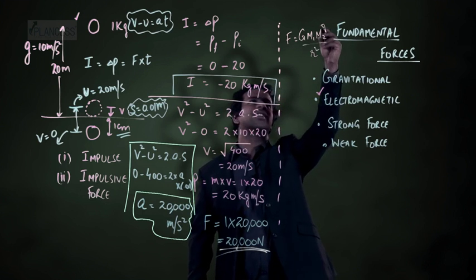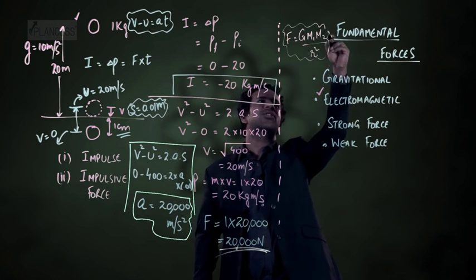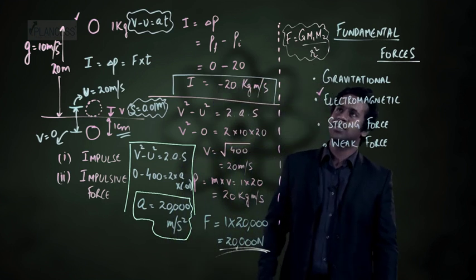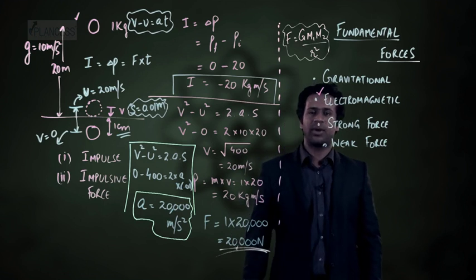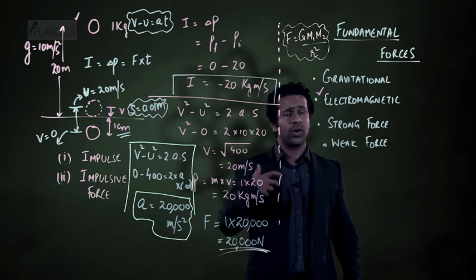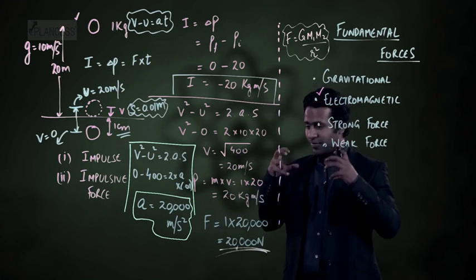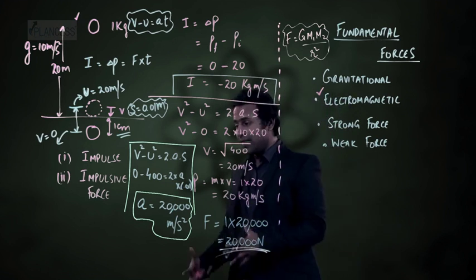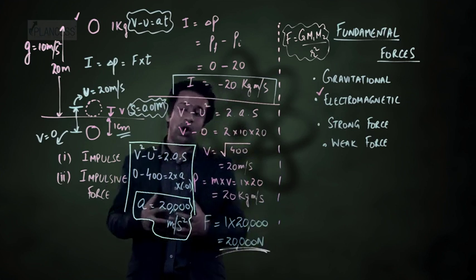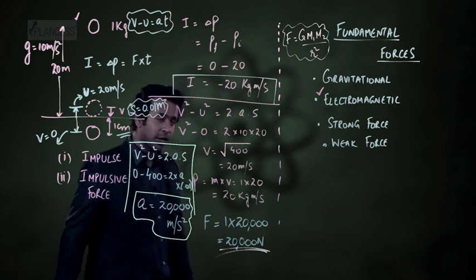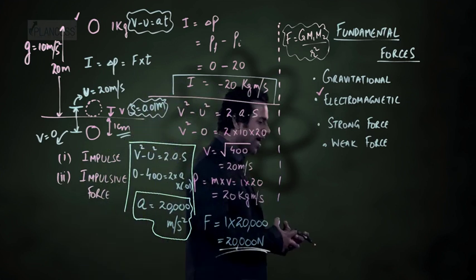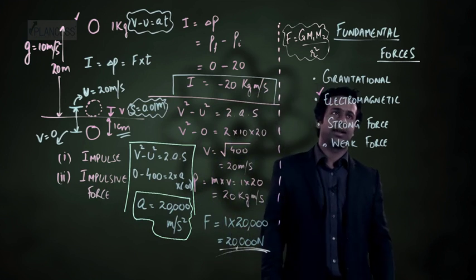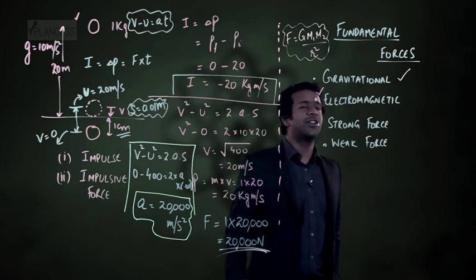The force is given by G m1 m2 by r square, where G is a universal constant, m1 and m2 are the two masses, and r is the separation between them. This force is there because of the mass that these bodies have. So that was about gravitational force.